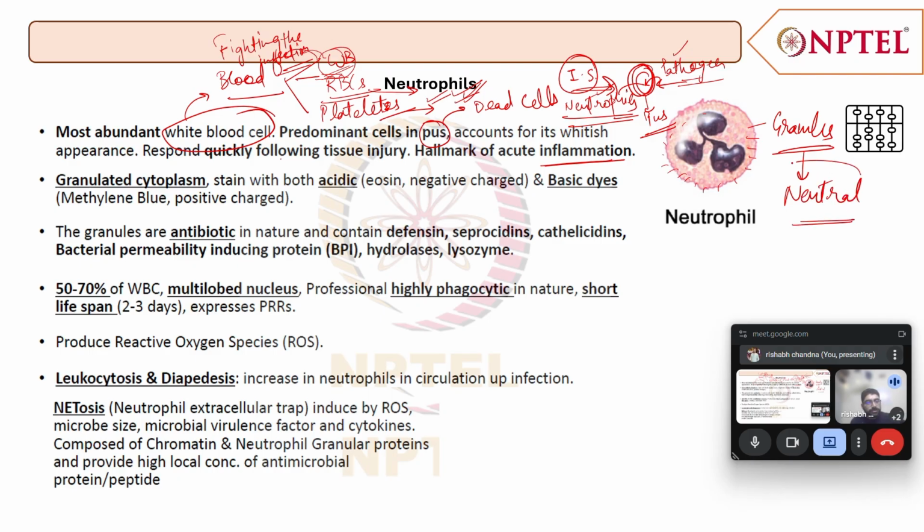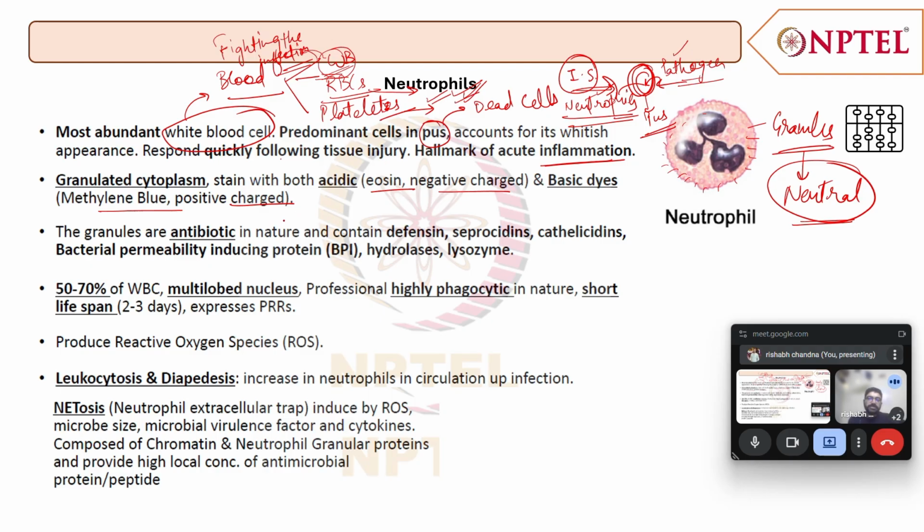Neutral in the sense these granules can be stained by both acidic as well as basic dyes. Acidic dyes as in eosin, that is negatively charged, and basic dyes as in methylene blue, that are positively charged.